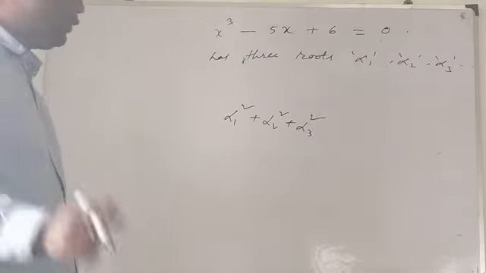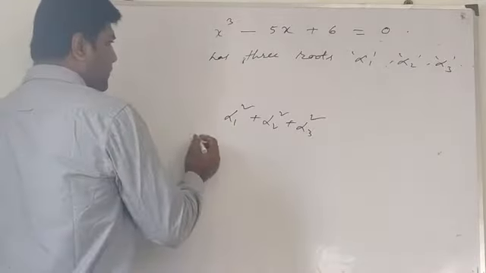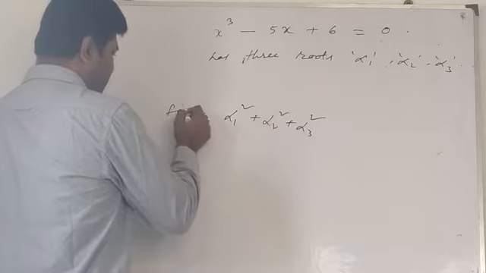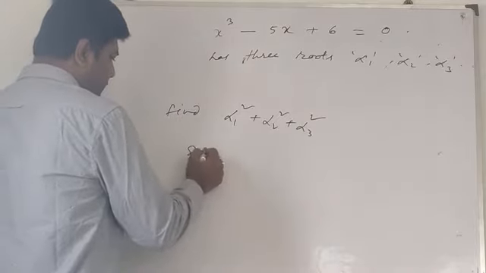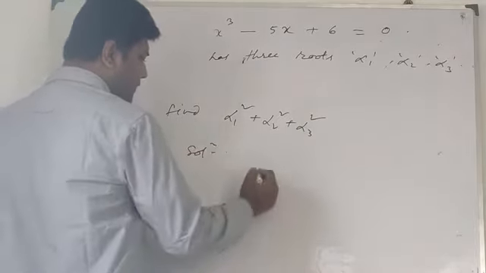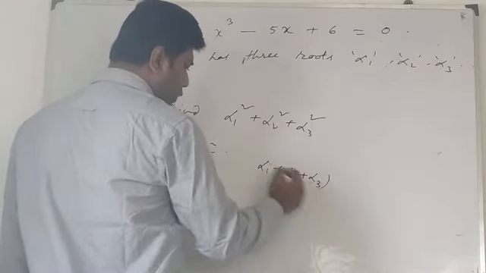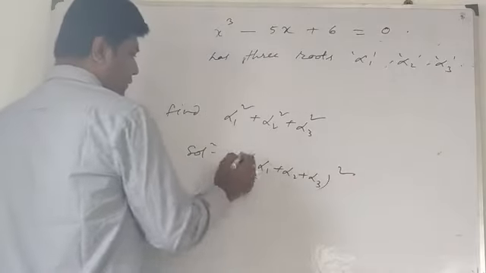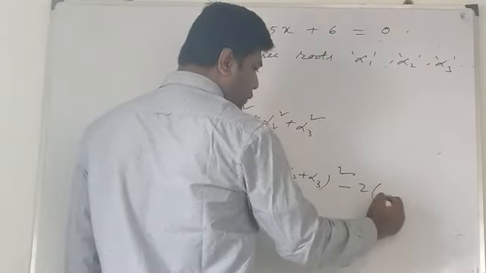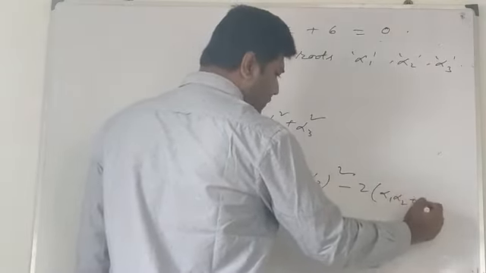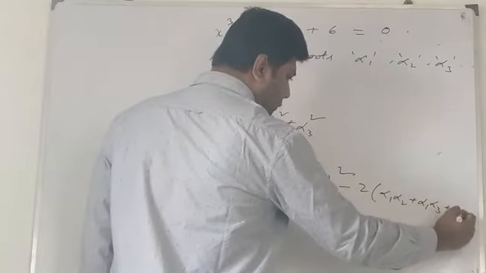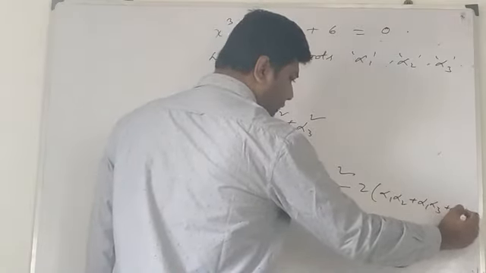First you have to find out, this can be written as alpha 1 plus alpha 2 plus alpha 3 whole square minus 2 into alpha 1 alpha 2 plus alpha 1 alpha 3 plus alpha 2 alpha 3.